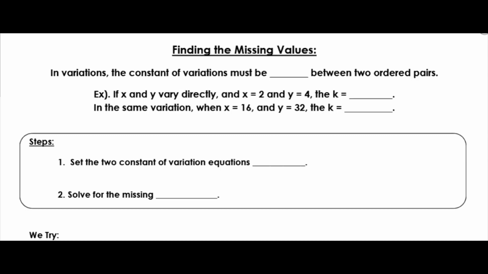So we are going to find the constant, and what it means to be constant is that it is equal between all ordered pairs for that variation, for that set. The constant must be the same. So we're told here that these x and y vary directly, and that's our x and y combination.